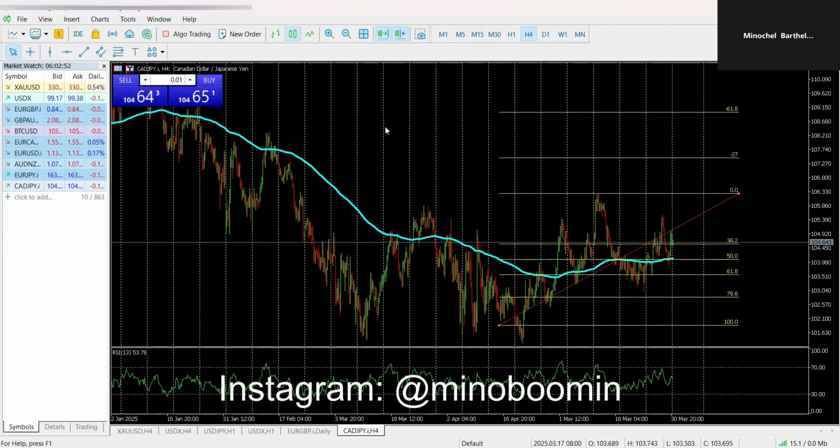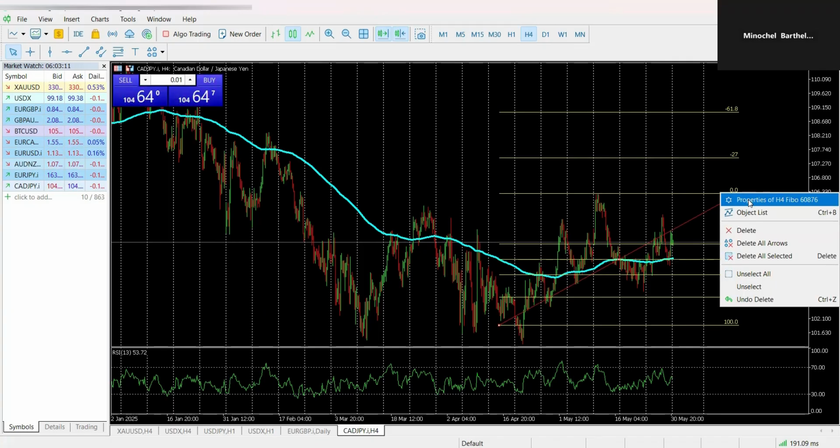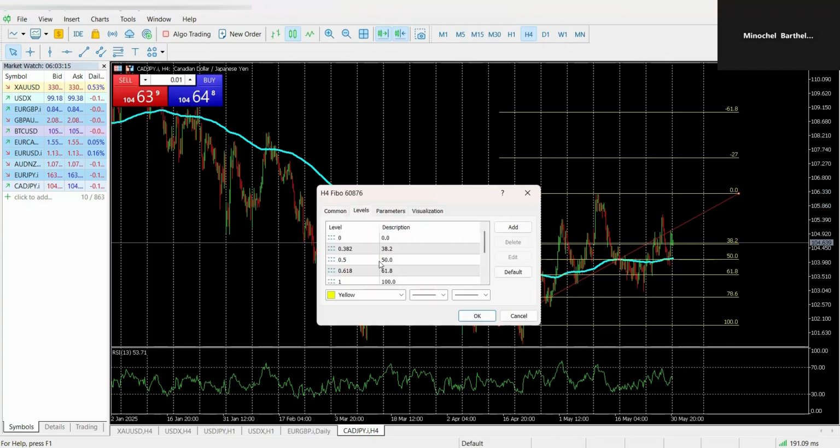I'll be going over what the values mean and how you can use them. But for now, I know your fib retracement levels are going to be slightly different from mine. So all you have to do is right click on the fib, double click on the red line, which is the Fibonacci retracement tool, then right click, go to properties, and then go to fib levels, and take your time to modify your fib levels to make them the same as mine, right?